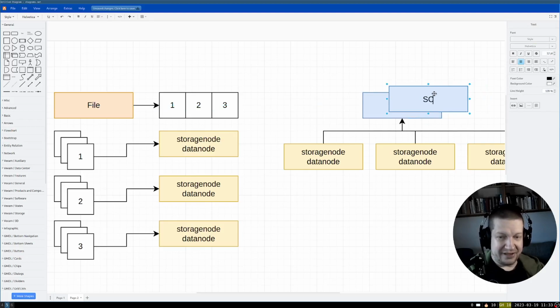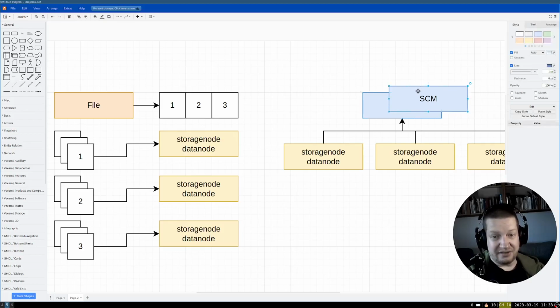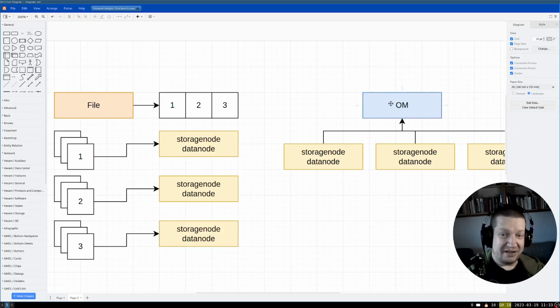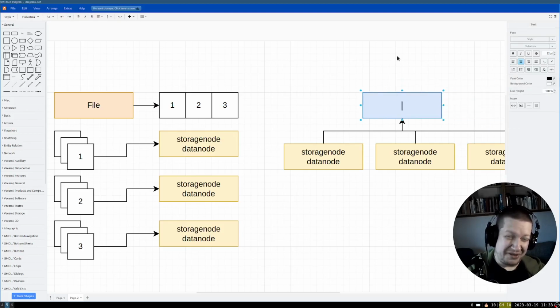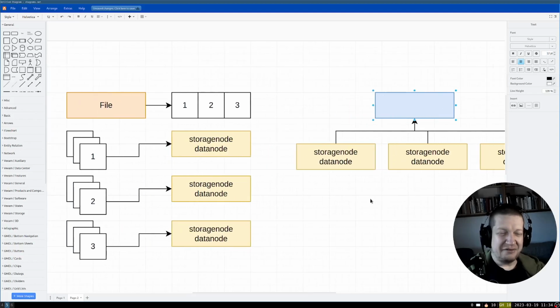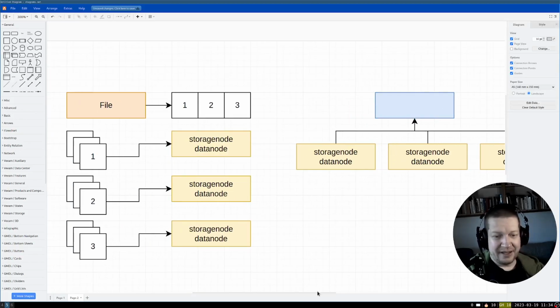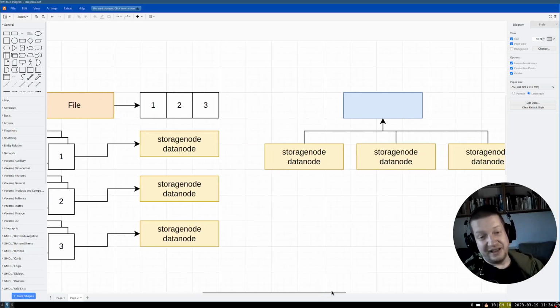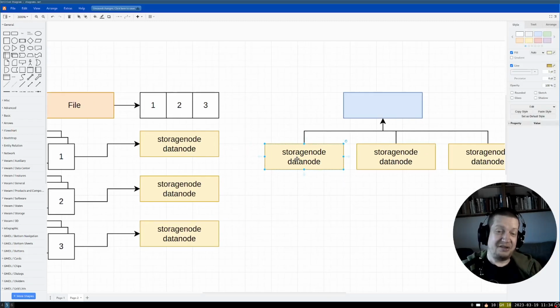In Ozone there are a Storage Container Manager and an Ozone Manager, but this is a kind of microservice architecture, and even for storage, it's not one process doing all of this stuff, but it's a different split. Okay, second difference. Let's talk about the storage nodes or data nodes.